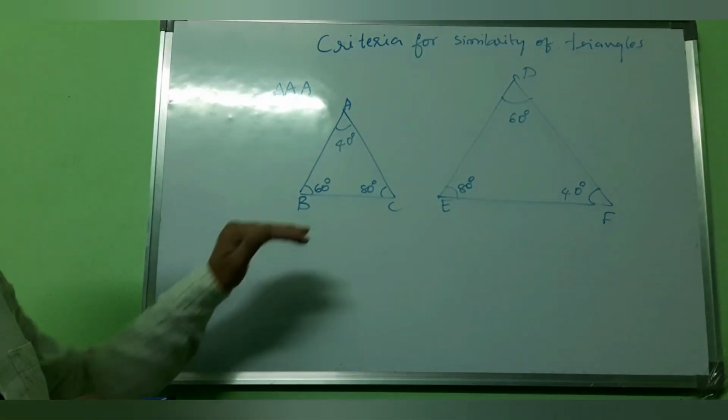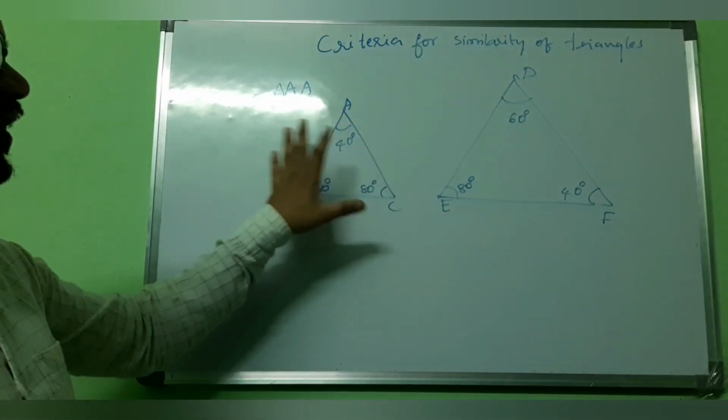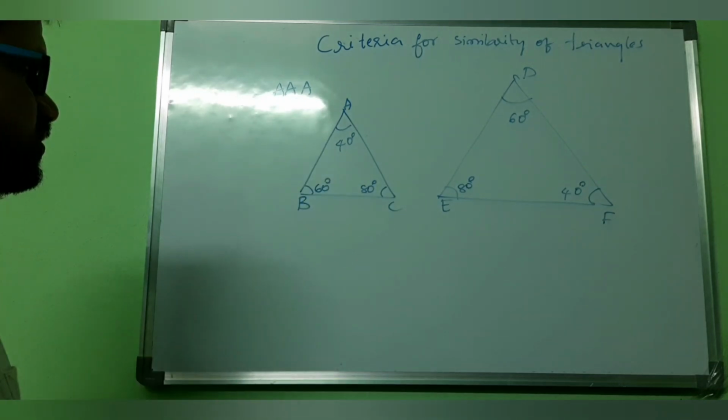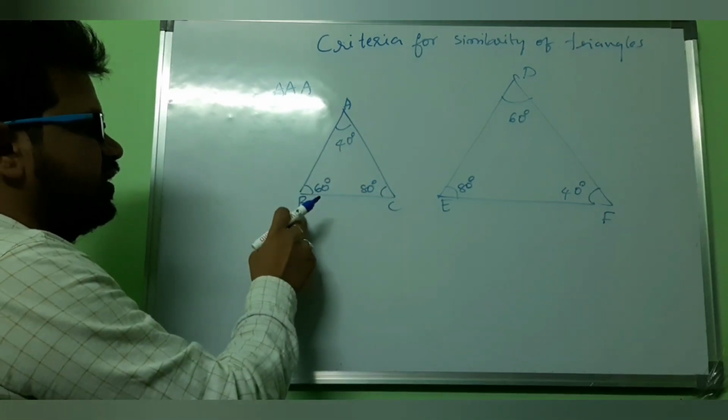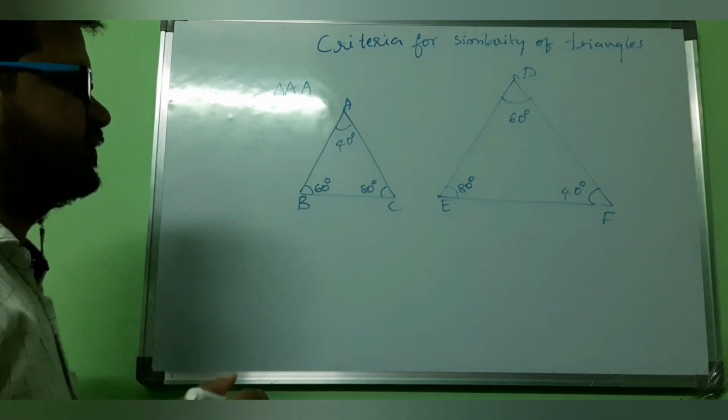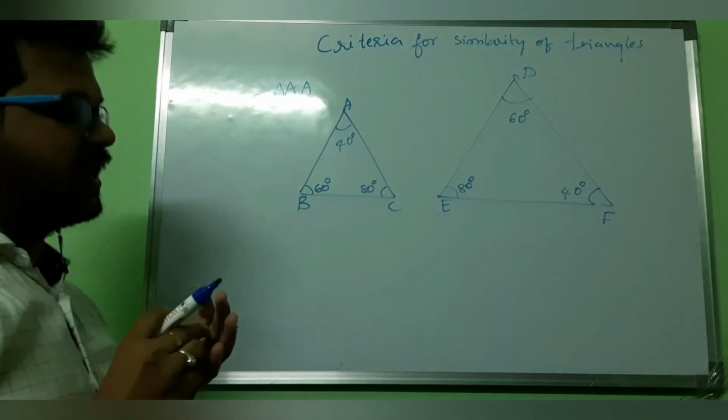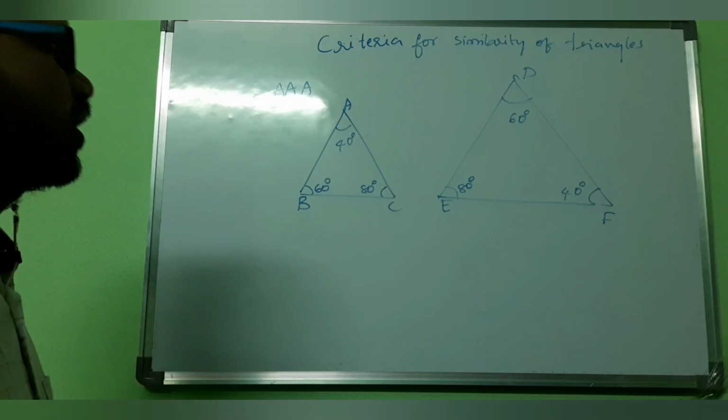So let us take two triangles, where angle A is 40, angle B is 60 and angle C is 80. Are these two triangles similar? Check whether they are similar or not.